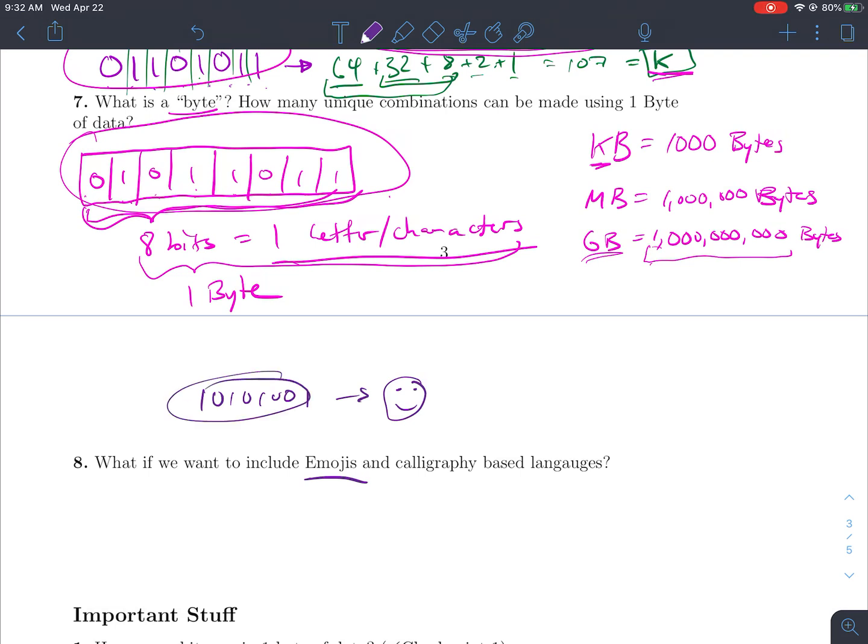And we need a way then to convert between binary and emojis. Or if you think about calligraphy-based languages, or languages that have different alphabets from English, we need some binary combinations for those as well.